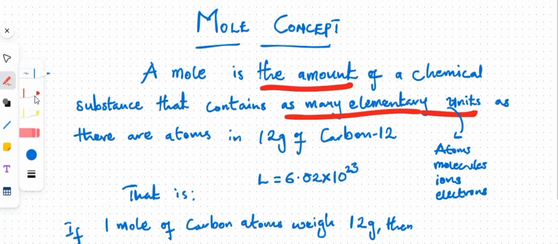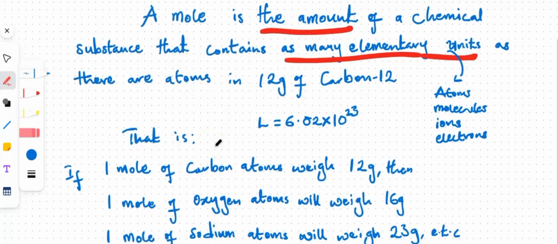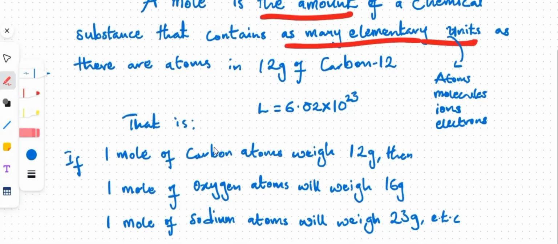Now let's look at what that means for us. If 1 mole of carbon atoms weighs 12 grams, so this is your mass number or the atomic mass of this atom, then 1 mole of oxygen atoms will weigh 16 grams. But they will all contain the same number of what?